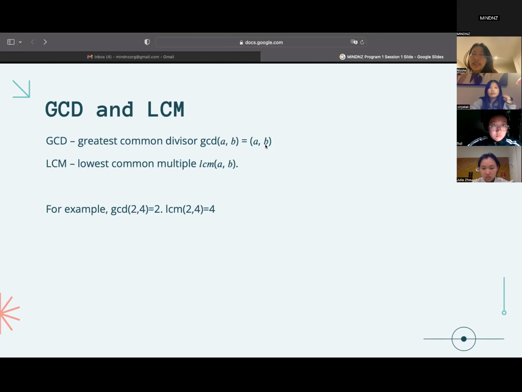Okay, does anyone need any clarification on lowest common multiple or no? Feel free to private message me or just say it in chat, raise your hand. Because otherwise I'll just go through greatest common divisor quickly.